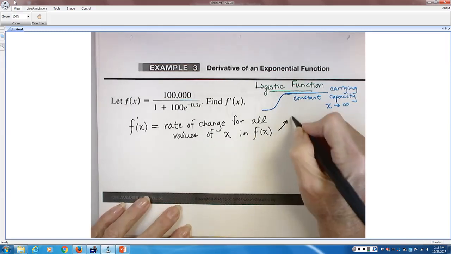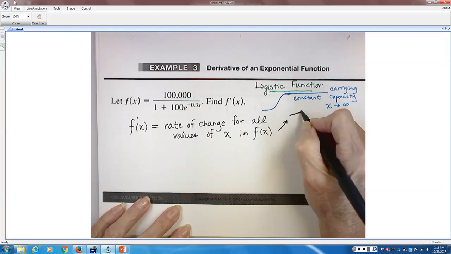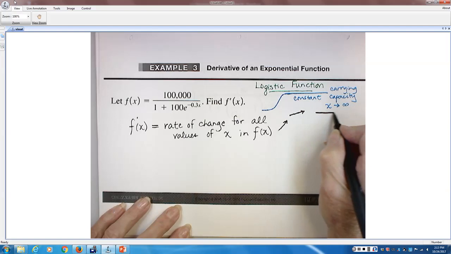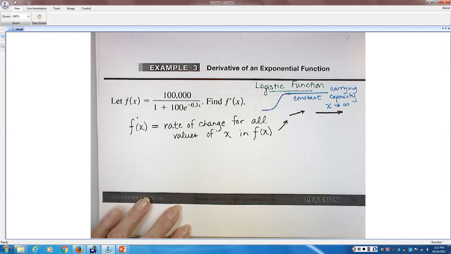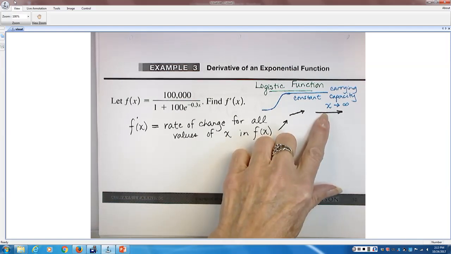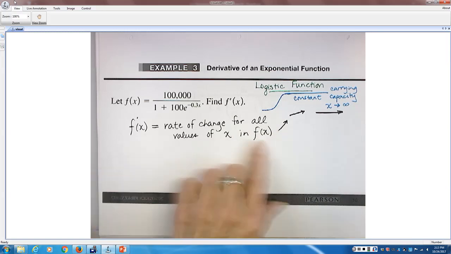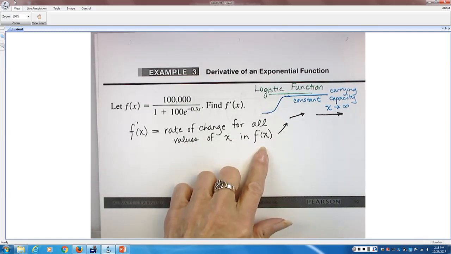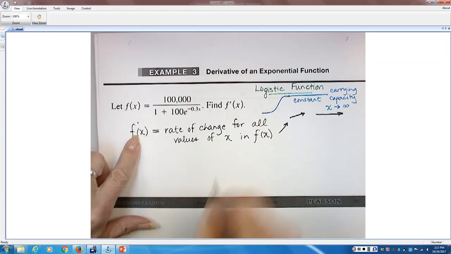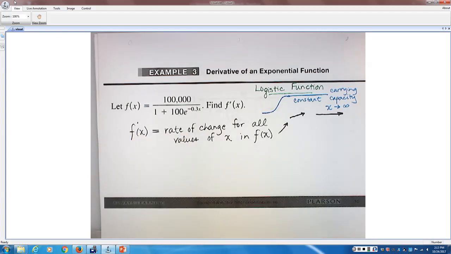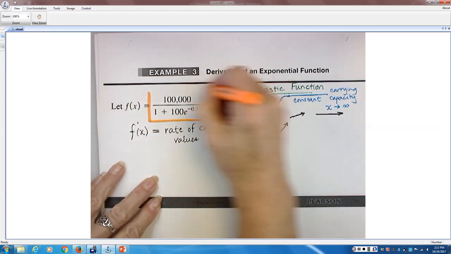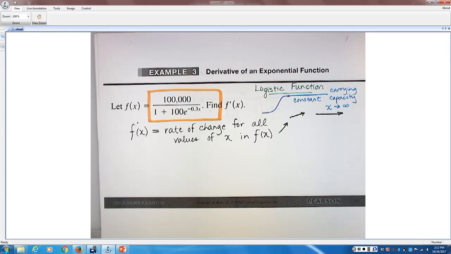Sometimes it's going to be still positive but slowing down. And at some point, that rate of change is going to become a constant, or actually pretty close to zero, because it's going to flatten out. So that's why we even take derivatives: derivatives give us rate of change, which is slope. So when we take f prime of x, we're actually doing something worthwhile. Now the question becomes, okay, how am I going to take a derivative of that mess? Because that's a mess.